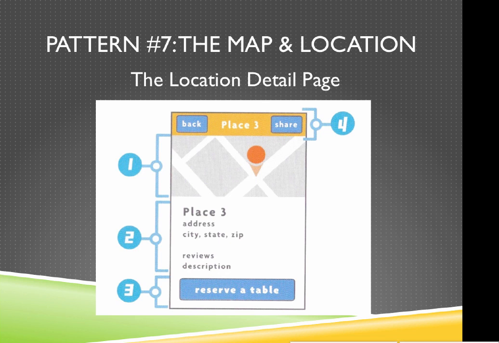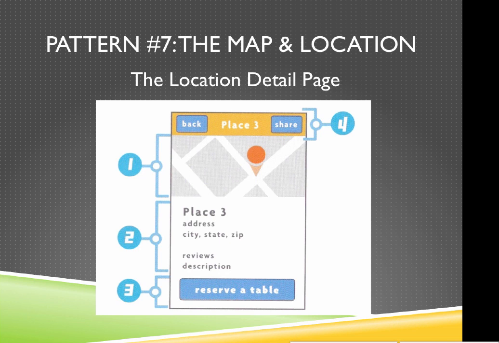Of course, it provides the user with information so he or she can make a decision on what to do. So going back to the theory behind the detail page, you want to give the user a task to accomplish here, help them make a decision. Are they going to reserve a table at this restaurant?